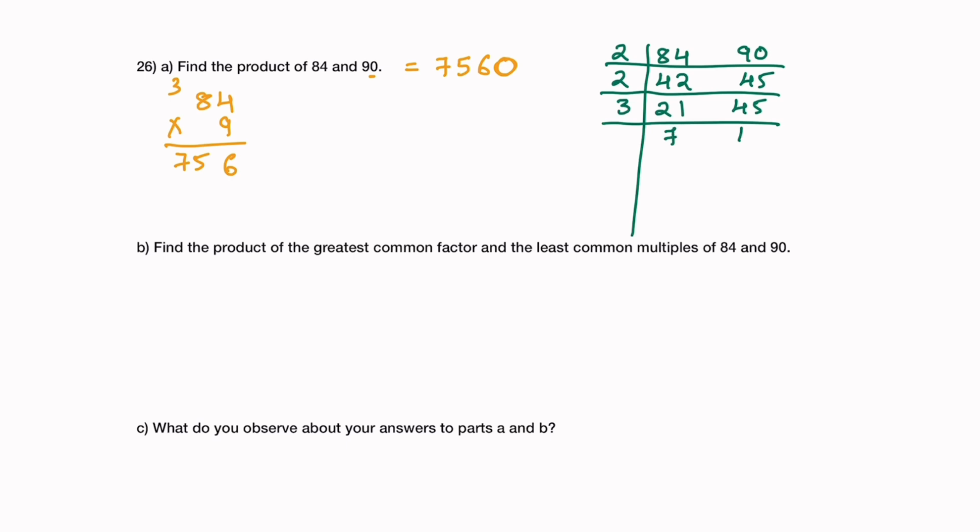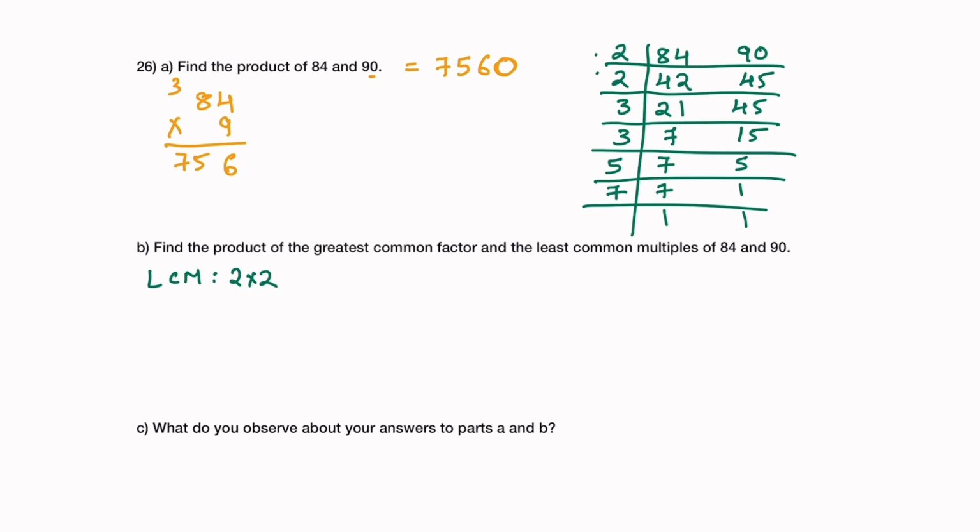That's 7, and that's 15. 15, so we do again with 3, 7 as it is, and that's 5. We do with 5, 7 as it is, 1 there, and finally with 7, 1 and 1, right? So LCM is going to be 2 times 2, times 3, times 3, and then times 5 times 7.